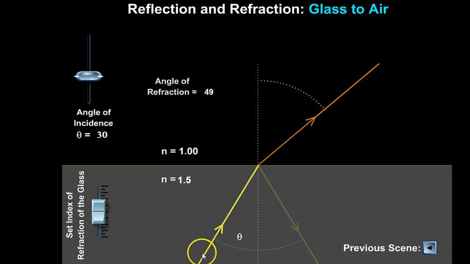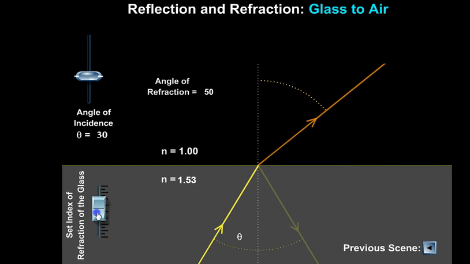Now, if you go from, say, glass to air, I'll move on to the next scene here, then you'll see you're going from more dense, which is like n equals 1.5, to less dense. Now the beam bends away from the normal. Sometimes you get these kind of conceptual questions asked on the multiple choice where you have to rank indices of refraction. Also note what happens if I were to increase this index of refraction to a higher or lower level.